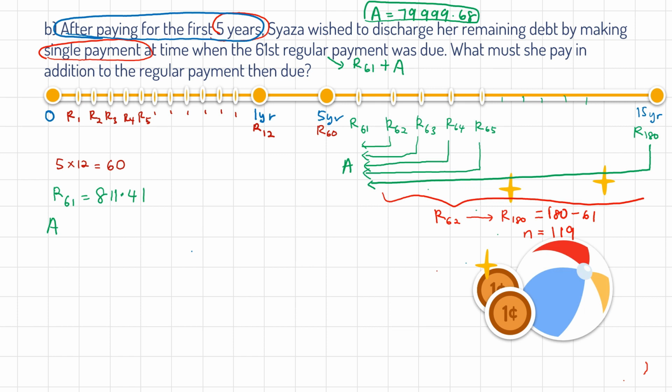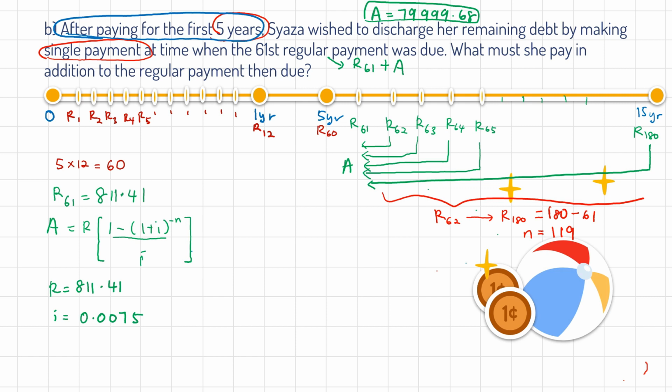So the formula for present value is R times 1 minus 1 plus i to the power of negative n, over i. Our R is 811 and 41 cents. Our i is 0.0075.